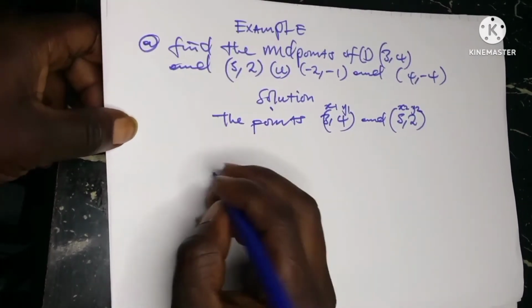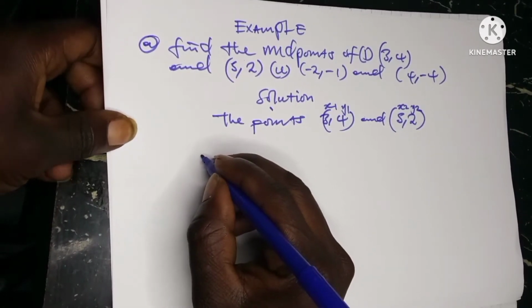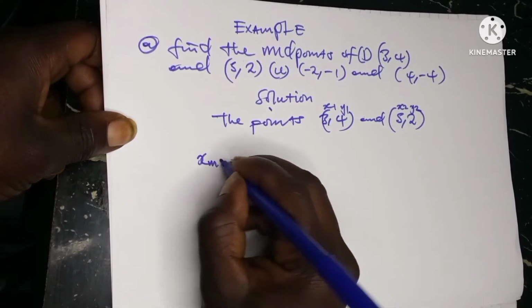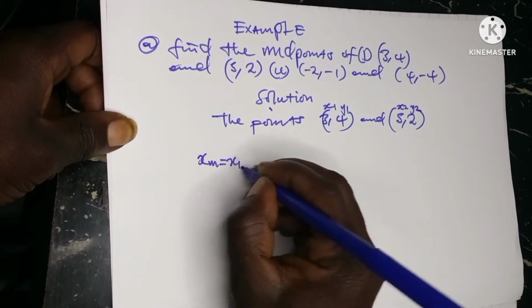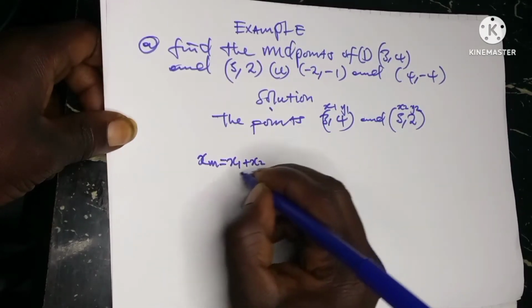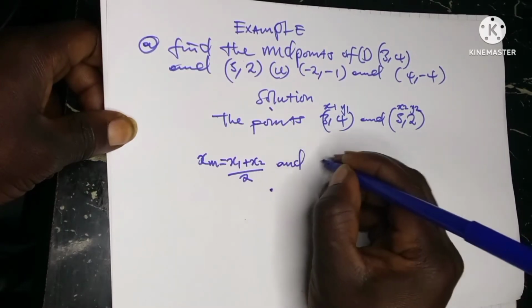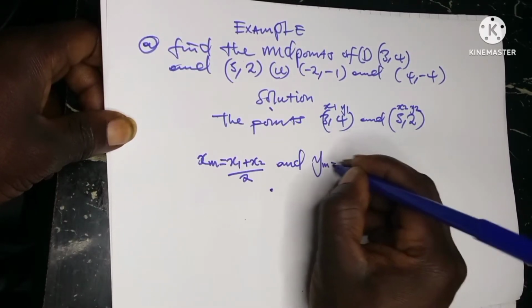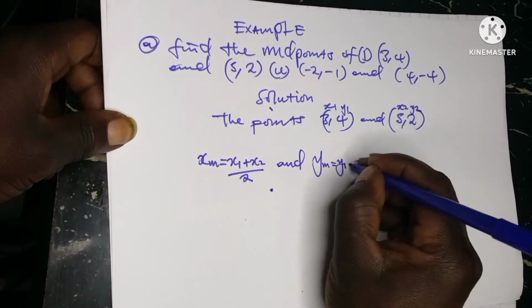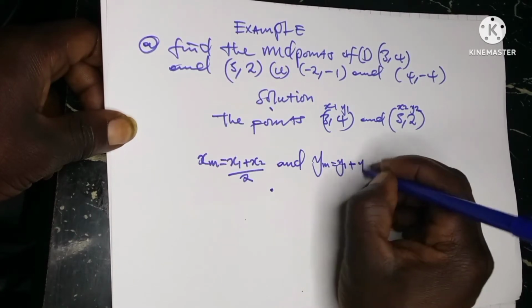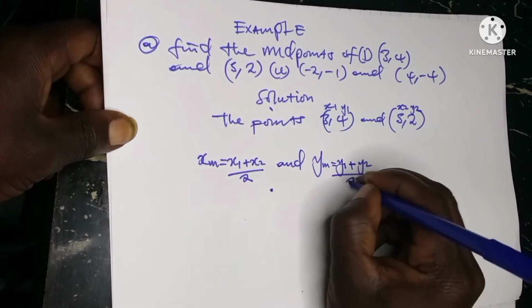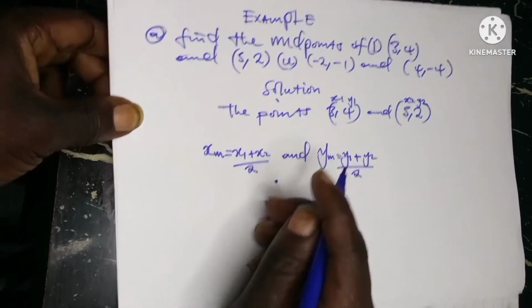So let's try to write down the general formula. We have xm equals x1 plus x2 over 2. And for y, we have ym equals y1 plus y2 over 2. So let's substitute now.